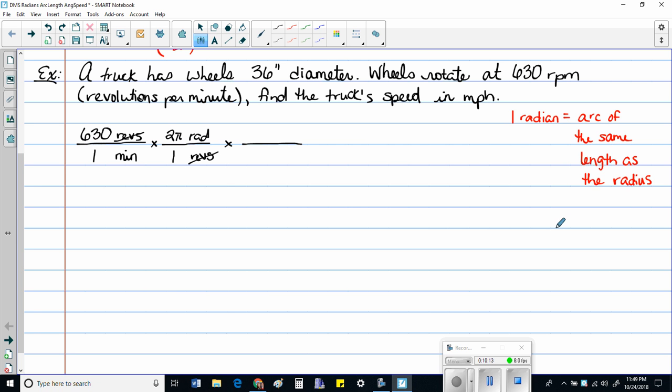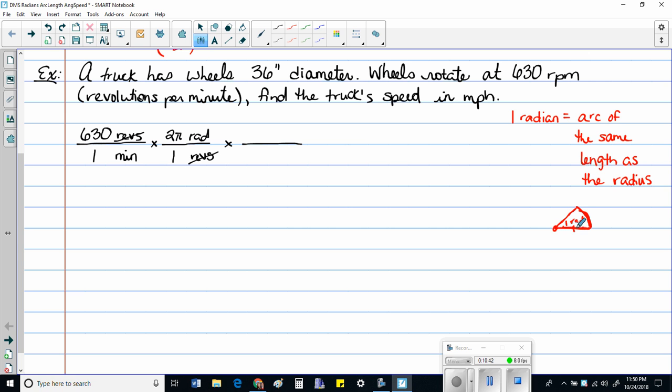So if I've got a radius this big, and that was a piece of string, and now I stretched it this way, so this is about 1, 2, 3, 4. 1, 2, 3, 4. Curved it this way. This is the same length. Then this is 1 radian.